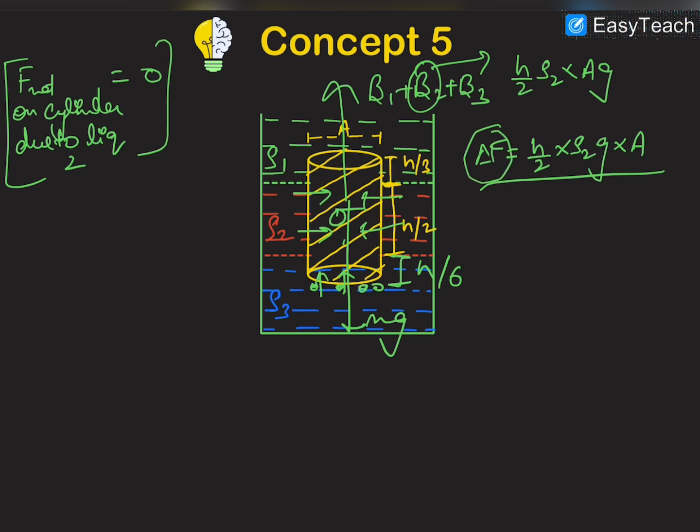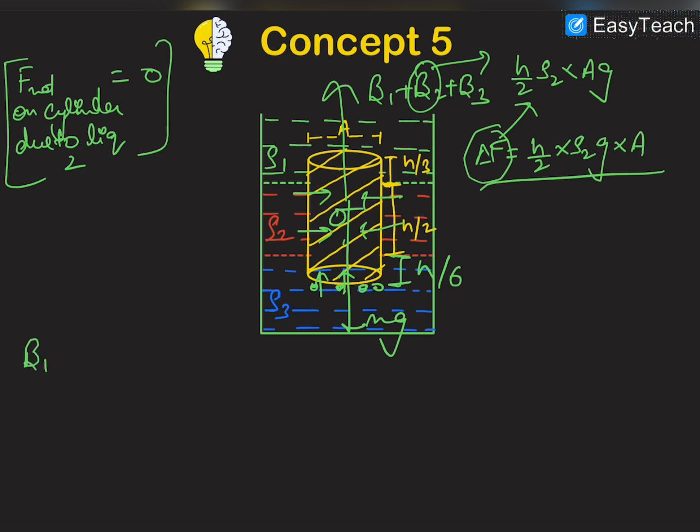This force is exactly equal to the buoyancy. So actually I am writing it as buoyancy, but this is the force due to the pressure applied by this liquid at the bottom. So this is numerically equal to the buoyancy only, so we can use it as buoyancy.